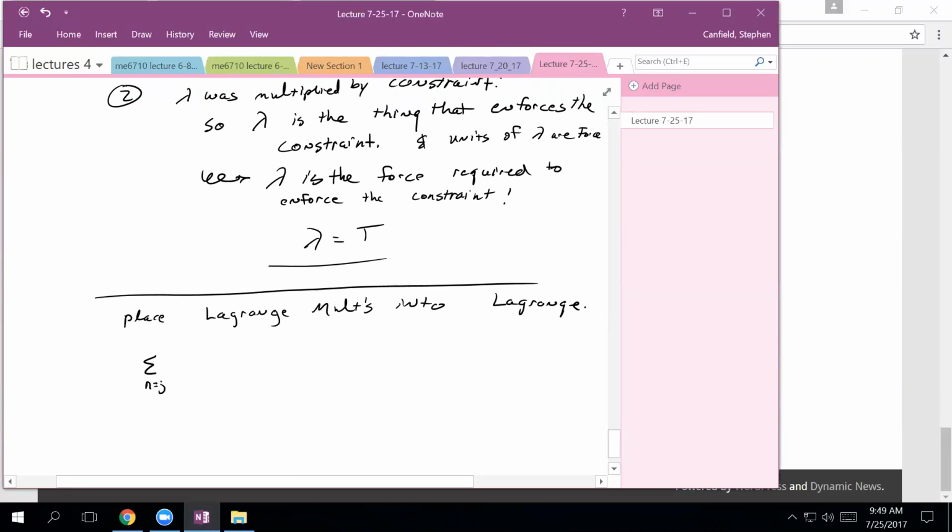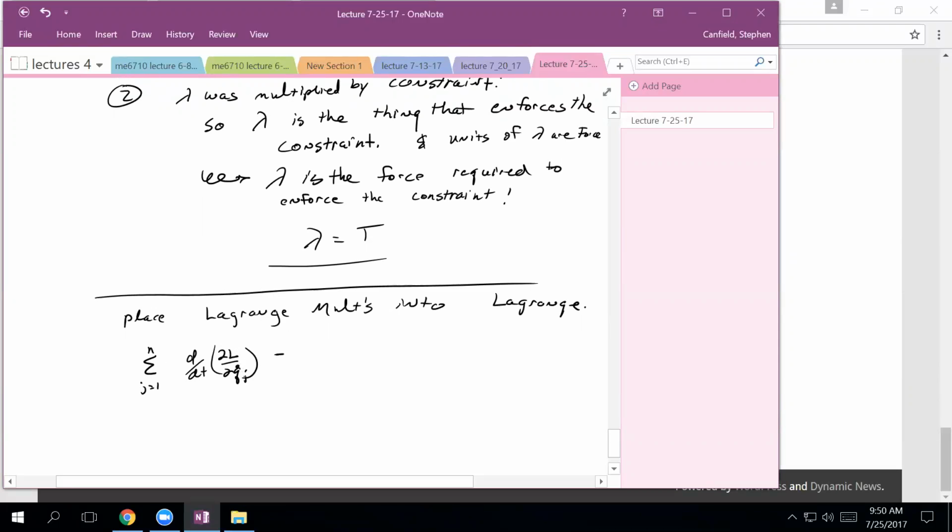The sum for little j equal 1 to little n, so that was the number of generalized coordinates, times the ddt of the partial of T with respect to qj dot, minus, and let's just write this down as Lagrangian, no loss in generality.